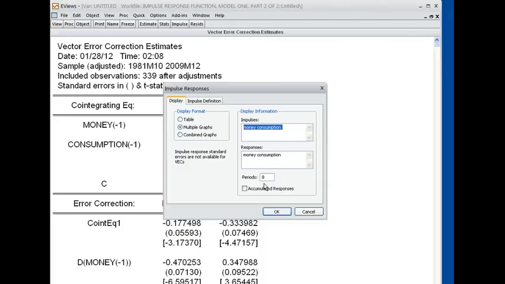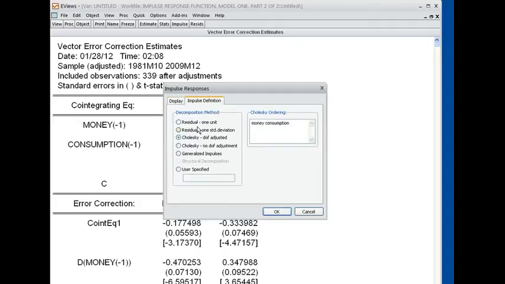Okay, here how to order the variables, that is a very important thing. There are many ways you can order variables, such as you click here impulse definition. You can see there are many ways, many options are here.